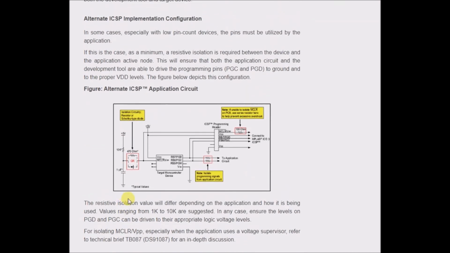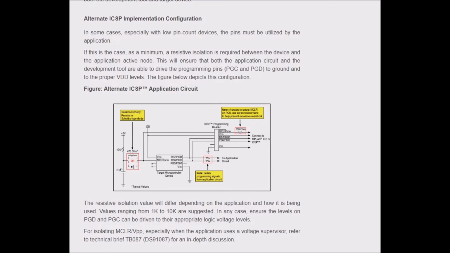Alternate ICSP implementation configuration. In some cases, especially with low pin count devices, the pins must be utilized by the application. If this is the case, a minimum resistive isolation is required between the device and the application active node.